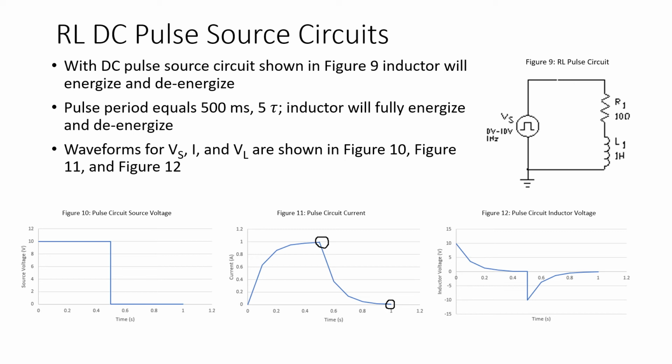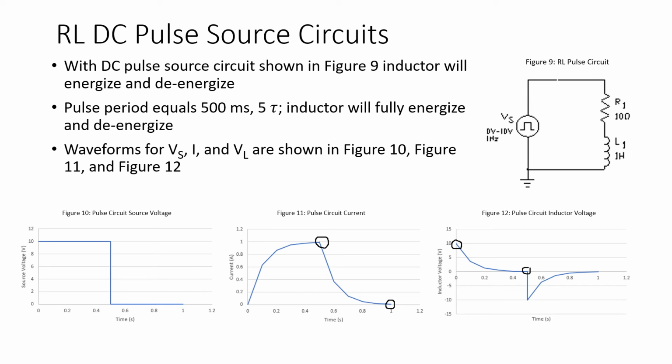And looking in figure 12, we see a plot of the inductor voltage as a function of time. At the instant of the start of the positive pulse, the inductor voltage is positive 10 volts, and it decreases to 0 over a period of 5 time constants.